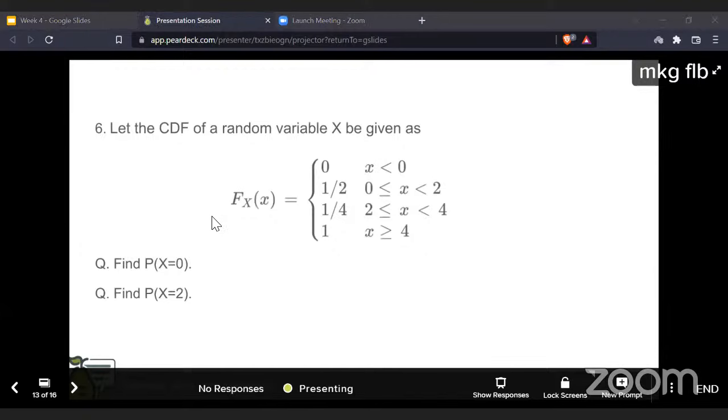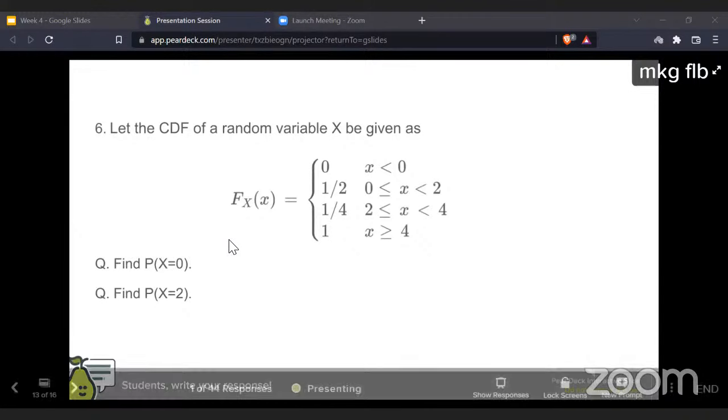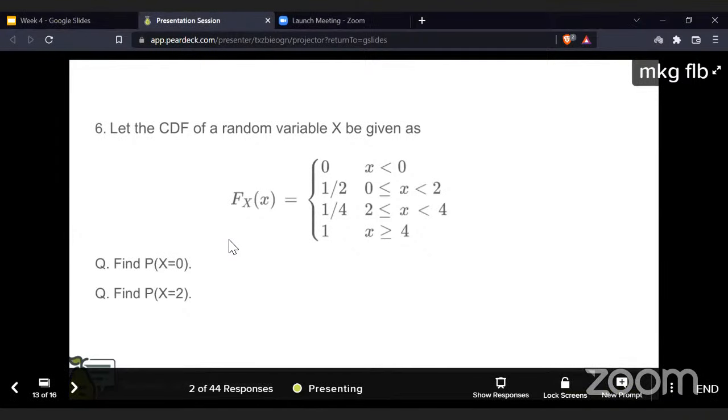So here we have a random variable for which the CDF is given to you. It's a very simple problem, and you have to find what is the probability that x is going to be 0 and what is the probability that x is going to be 2. Ma'am, how is this a valid CDF?